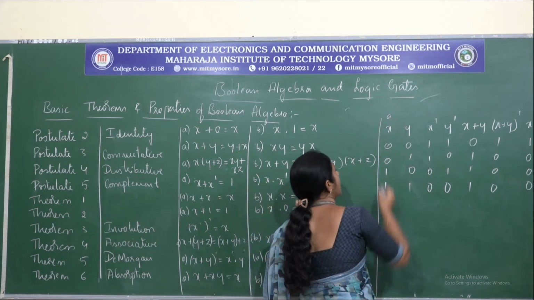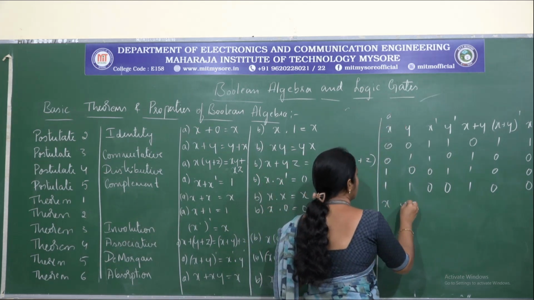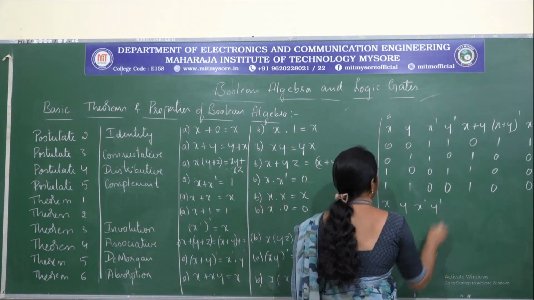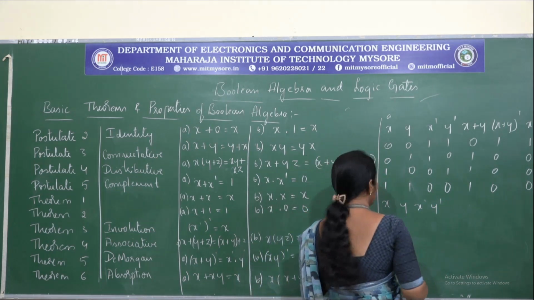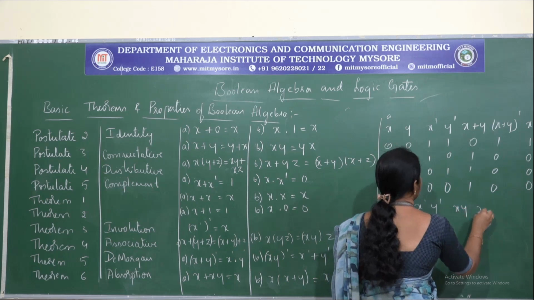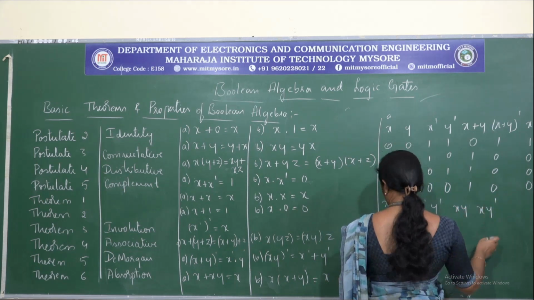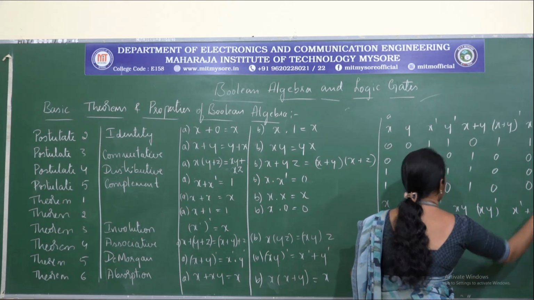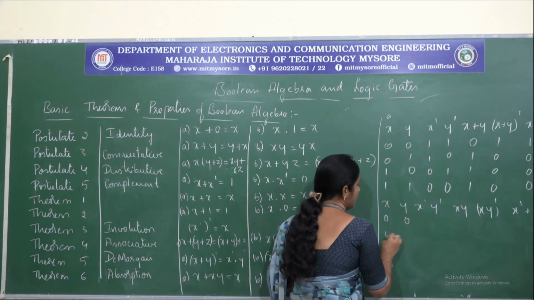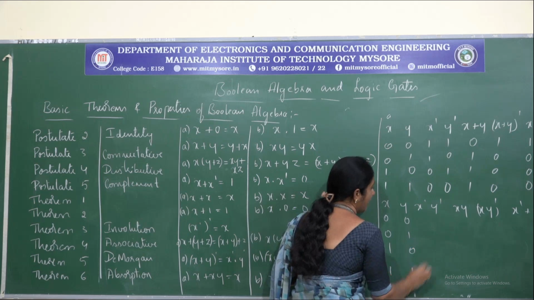Next if you consider part B, we have xy, then xy whole dash, then x dash plus y dash. Let me consider 0 0, 0 1, 1 0, 1 1.